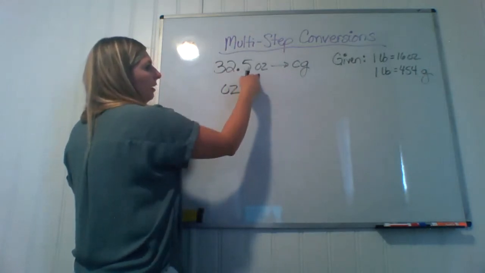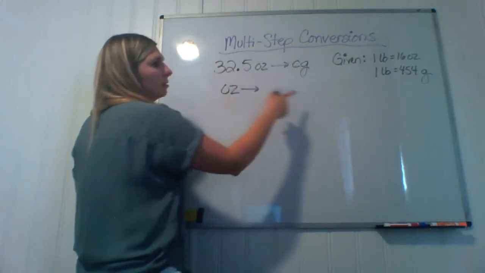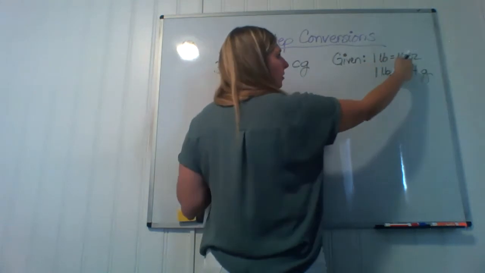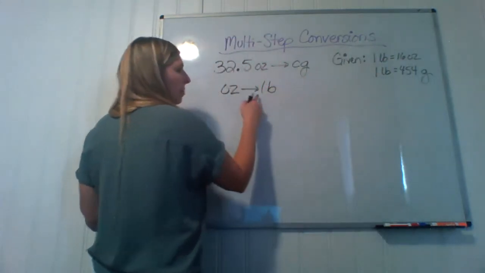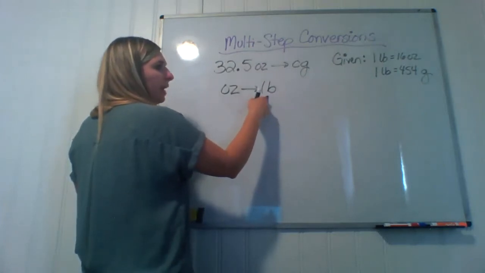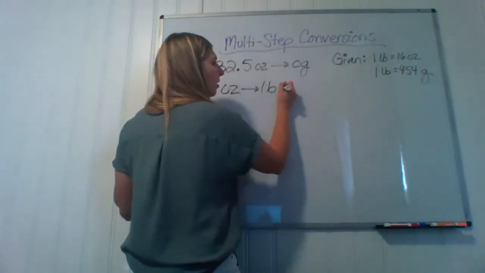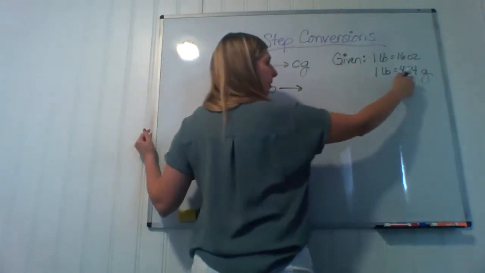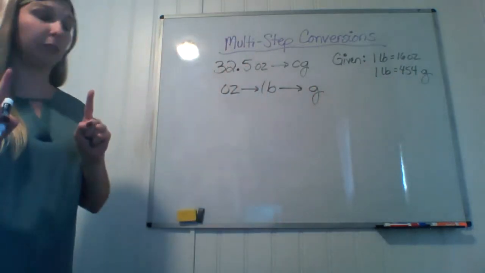We start with our ounces, and we're going to convert the ounces into pounds since we have that relationship. And then from pounds, now the English unit of pounds can be converted to the metric unit of grams by using this relationship. Okay, so it's all about making connections.